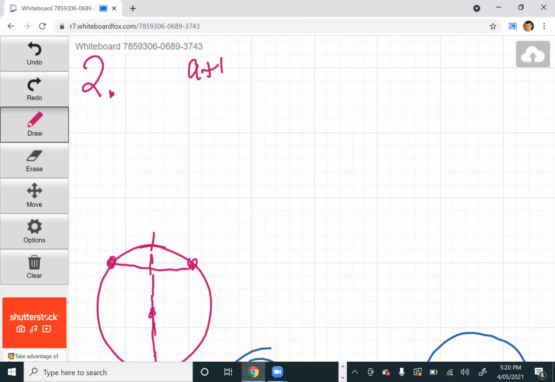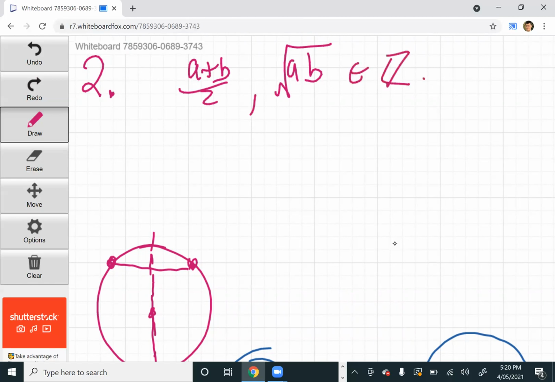So A and B are nice if (A plus B) over 2 and the square root of A times B are both integers. So A and B do have to be integers. So I guess they'll have to be positive integers.